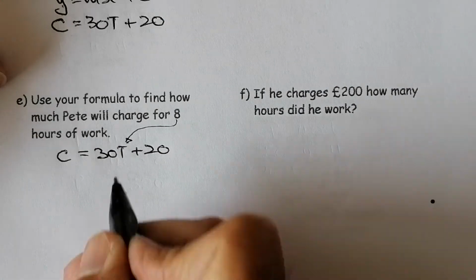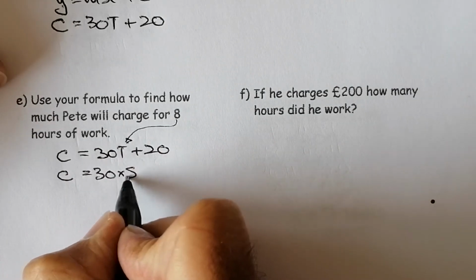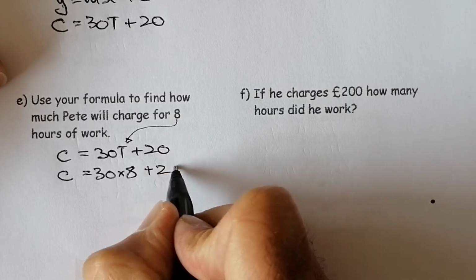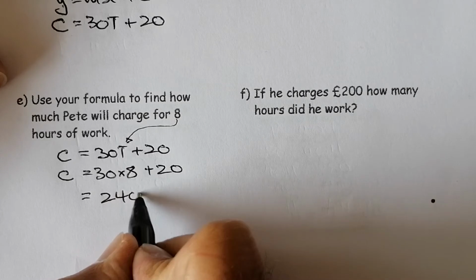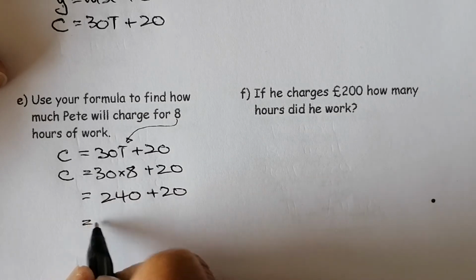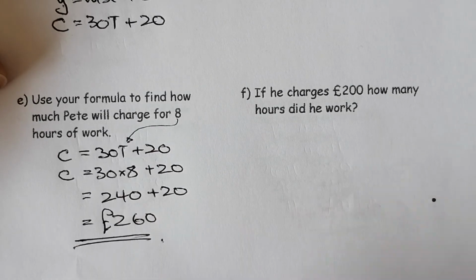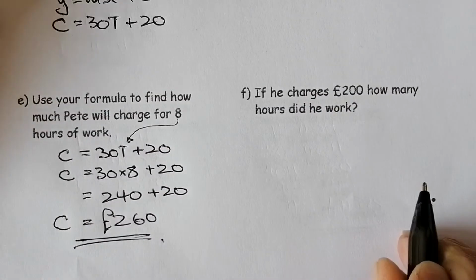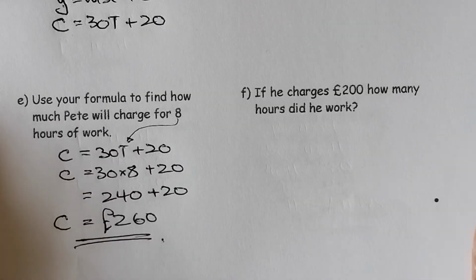So C is equal to 30 times 8, plus 20. 30 times 8 gives me 240, plus 20 pounds, that gives me 260 pounds. So that's what he's going to charge for 8 hours of work.